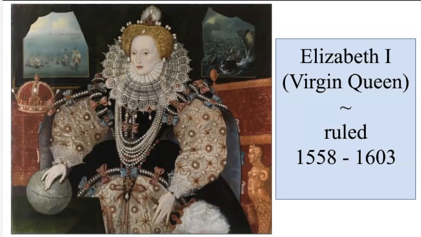Despite having a queen, and a powerful one at that, England remained a kingdom, and Elizabeth sometimes referred to herself as her people's prince.